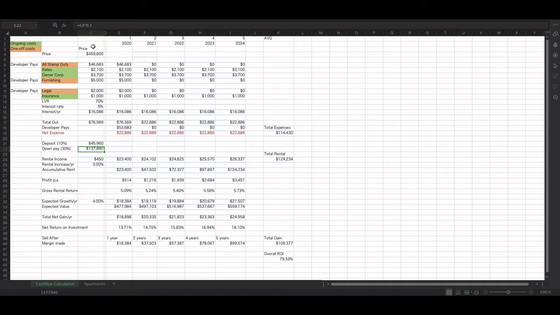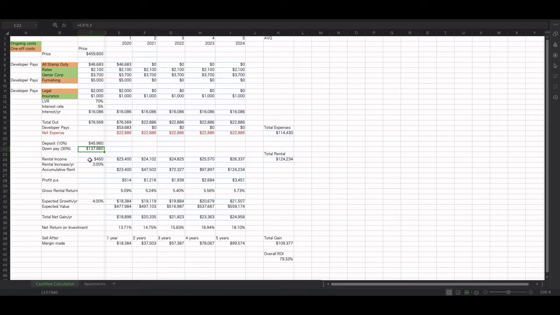For the apartment that we are using here as an example, a one bed, one bath, one car park apartment, let's say 1401 from St Paul's Tower, is 459,600. We would expect the rental to be about $450 per week, and the vacancy rate is generally 1 or 2%.